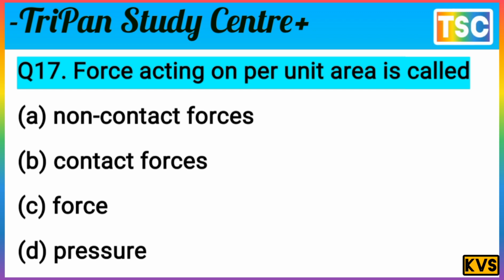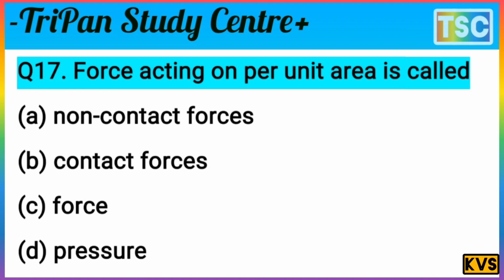This question is very important for the exam view, but easy also. First of all, choose the correct answer. Fill in the four options and write the correct answer in your notebook. You must write the correct answer in your notebook.